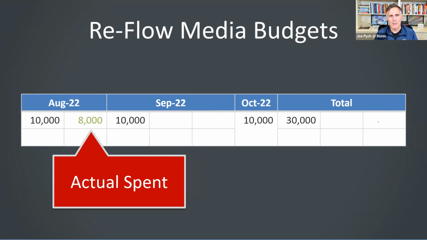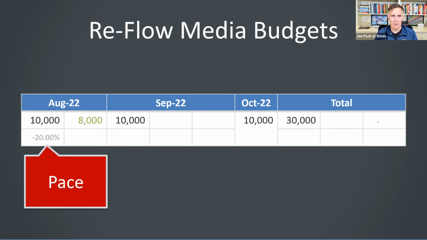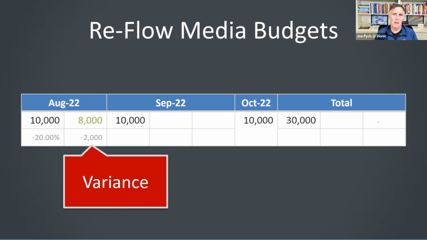As the data starts flowing in, or if you don't have a data feed, you could just enter it directly into your media plan, the actual amount of money spent versus your plan will come right into your media plan. Bionic will automatically calculate your pace relative to your plan, and also the variance.